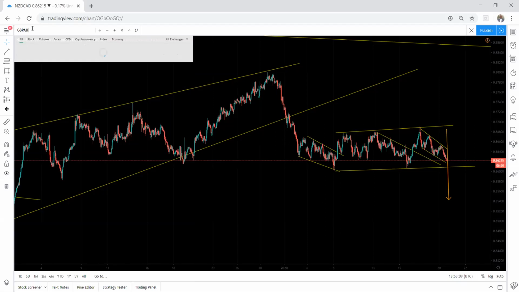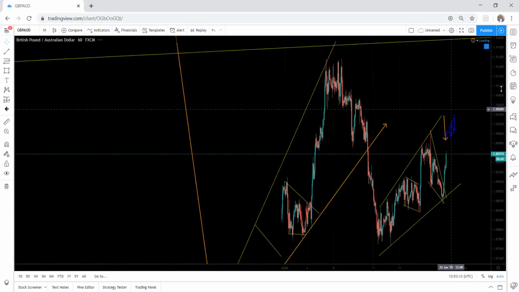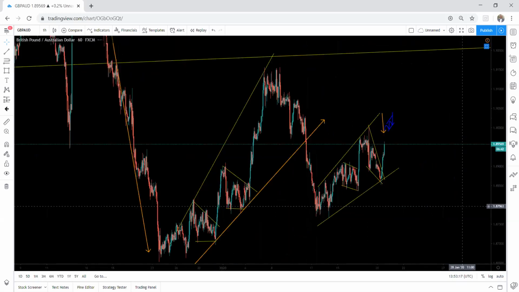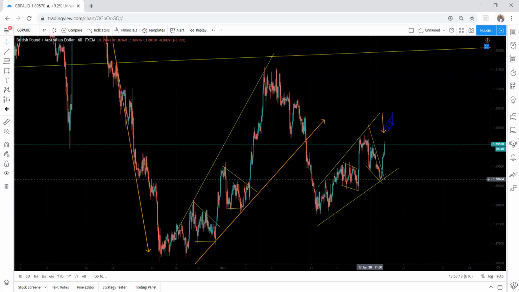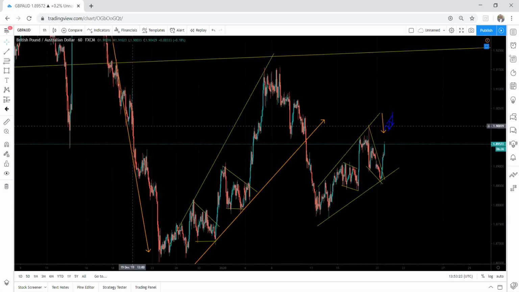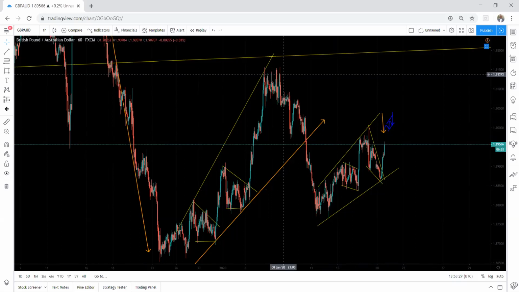Then GBP AUD. This markup was sent late yesterday. GBP AUD is going to proceed to the upside, because what did I see after this drop?